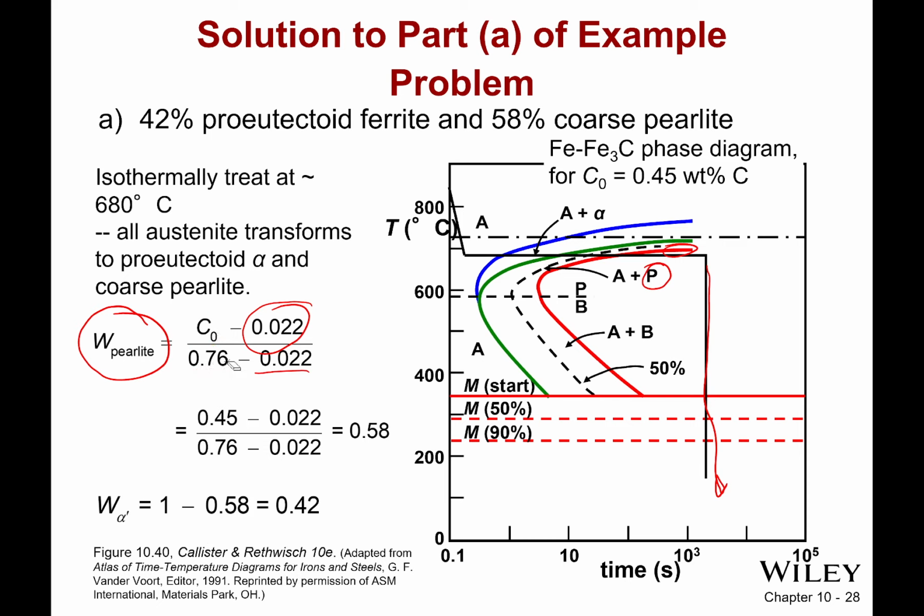So I fill it in, I see that it's going to be 58% pearlite, which leaves me with 42% ferrite. So this one had to be the right composition from the beginning to have that answer. Everything else, though, is just based on temperatures and times.